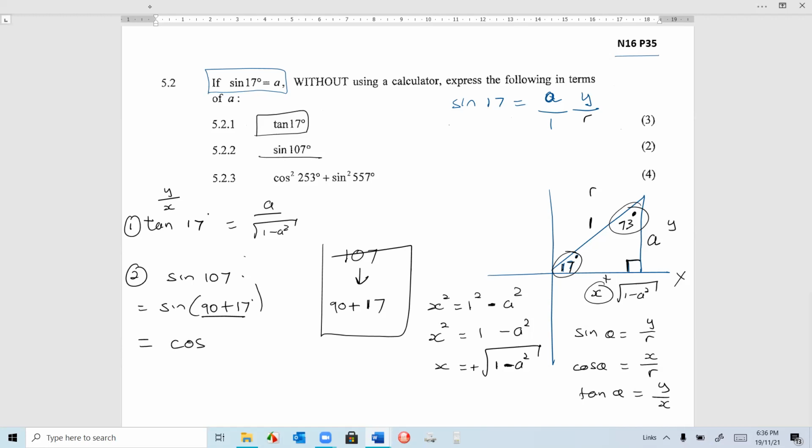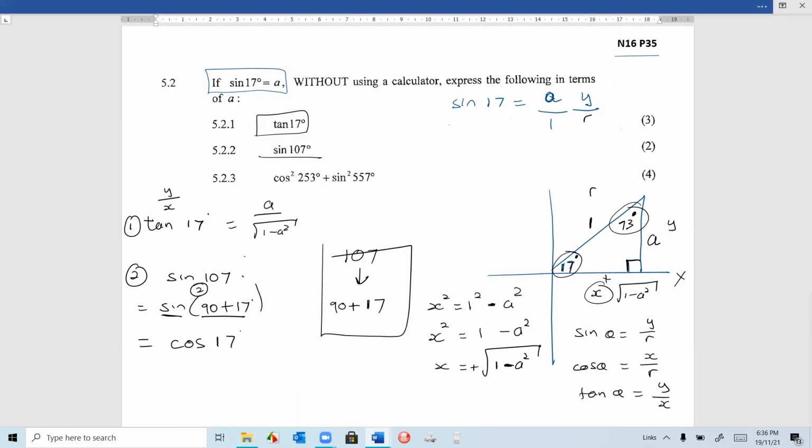But before I did that, if I look at where 90 plus 17 is, it's actually quadrant 2. And remember, in quadrant 2, we look at what the original question is. Sine is still positive. So therefore, I can go with positive cos 17. Now, as soon as I've got 17, I have permission to use the diagram because that reference angle there is 17.